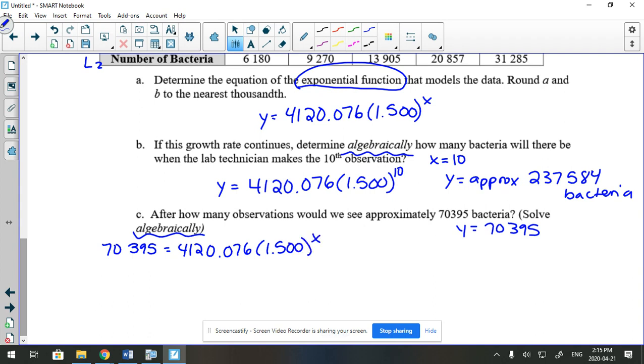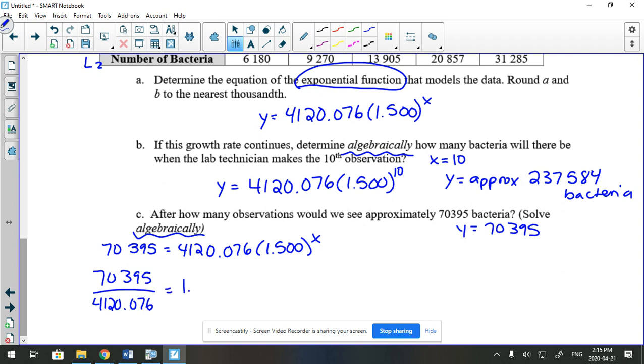And now I have to solve it algebraically, so don't forget you can still do this, right? First thing you're going to do is divide both sides by 4,120 to get this on its own.